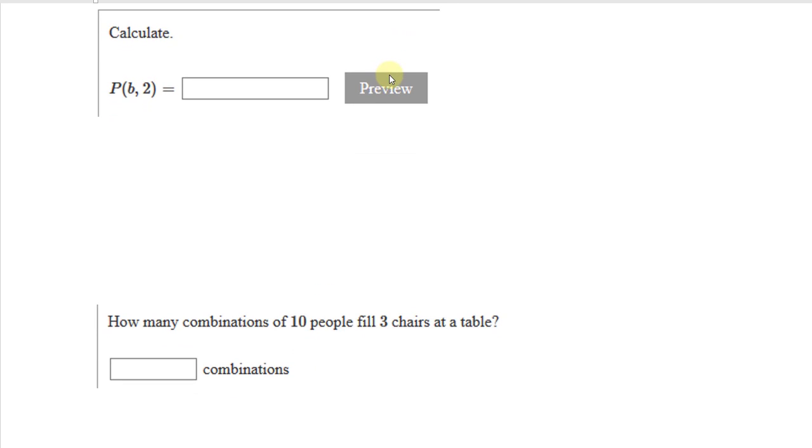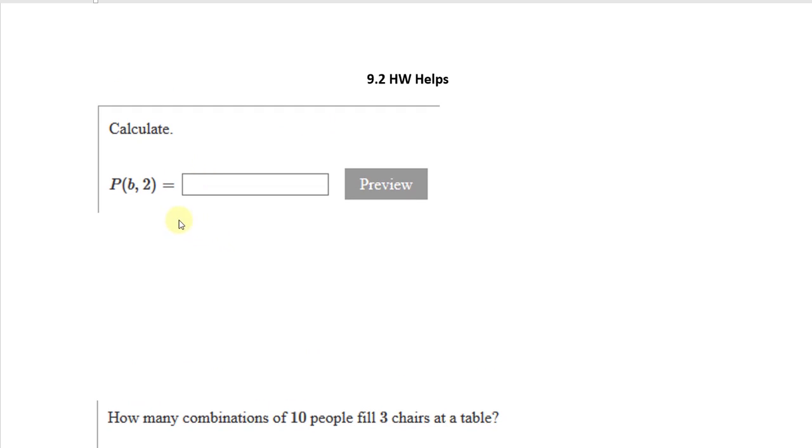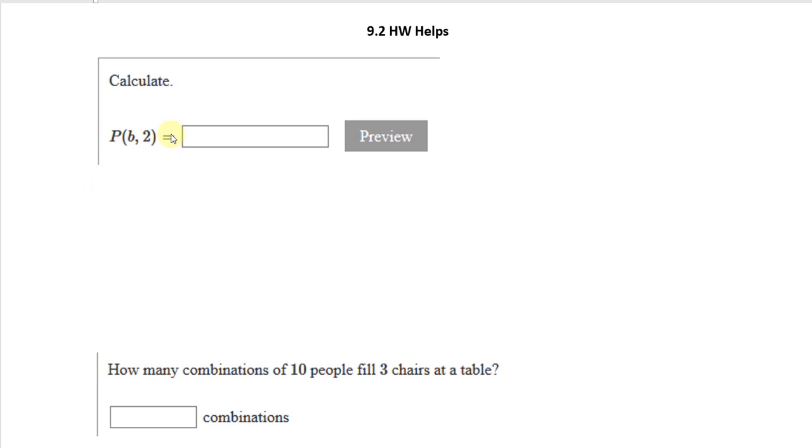The first question is find the permutation P(b, 2). This is the same thing as finding the permutation formula. For b objects, you take out 2.